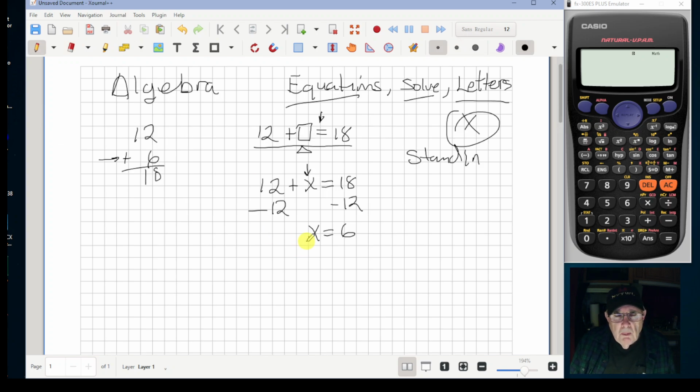Well, look, in basically one step here, we got to the answer, and we didn't do it by guessing or using our addition facts. We used the mechanics of algebra by undoing whatever this math operation is. That's really what you're doing. When you're solving an equation, you're taking it apart and undoing the math operations that are being done to the variable until you finally get down to the step where x is equal to a value.